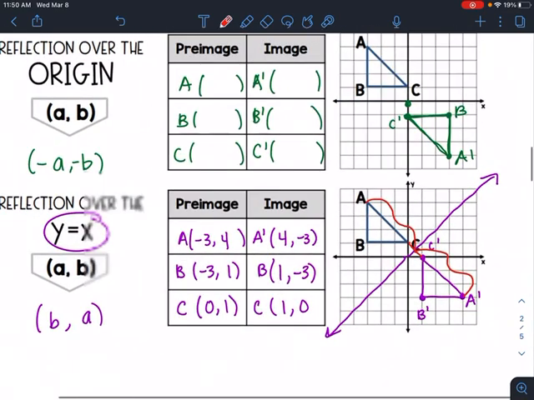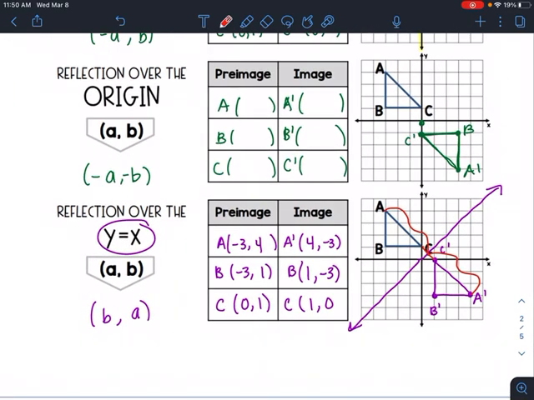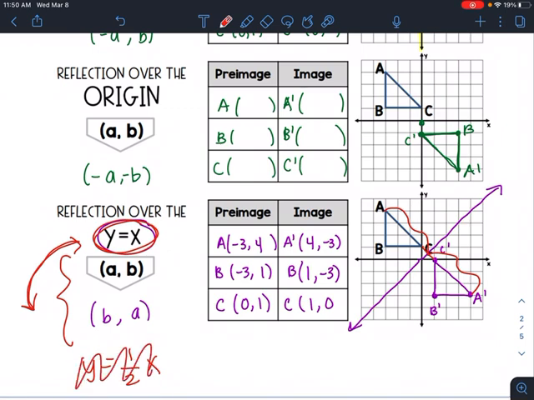So again, it's really important that you not only apply these rules correctly, but that you are reflecting as accurately as possible. And remember, this rule right here only works for this line. It doesn't work for like y equals 1/2 x. That's a totally different line. So that does not work for that line.